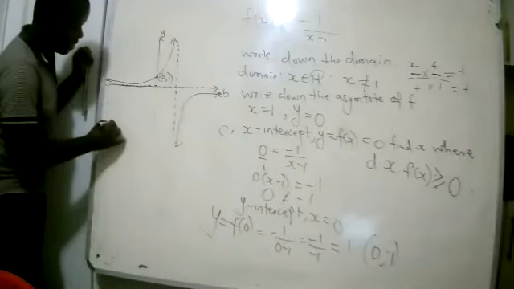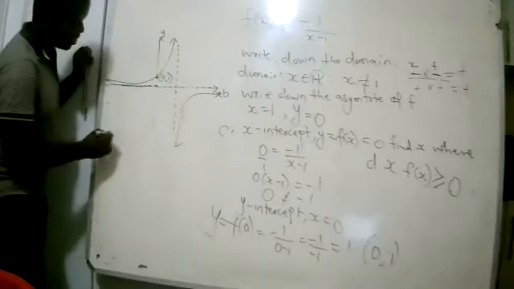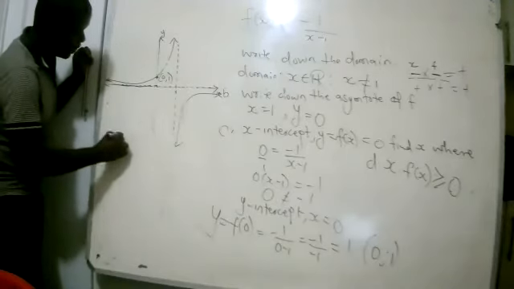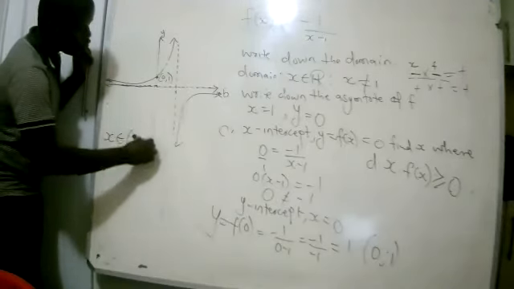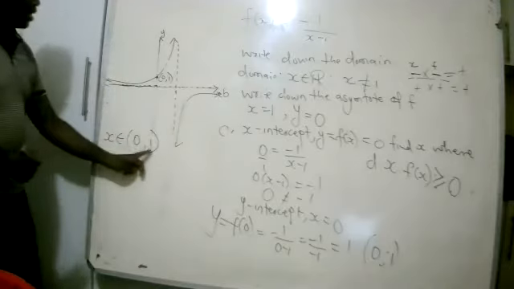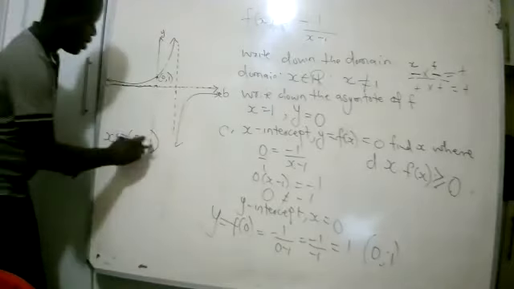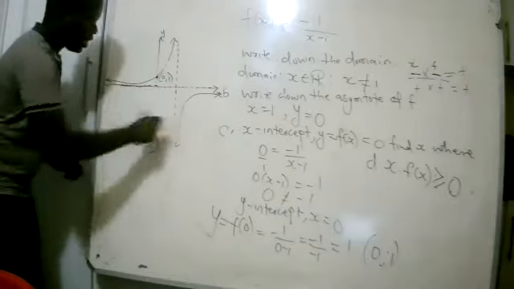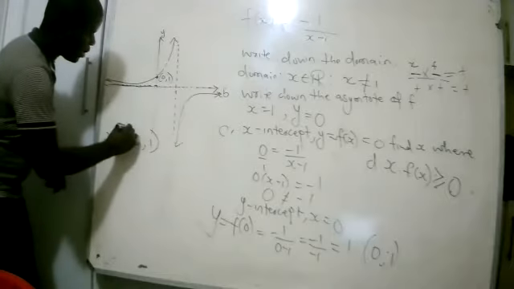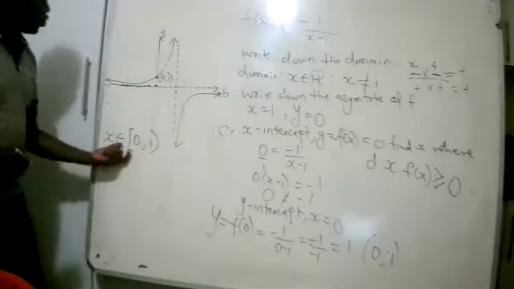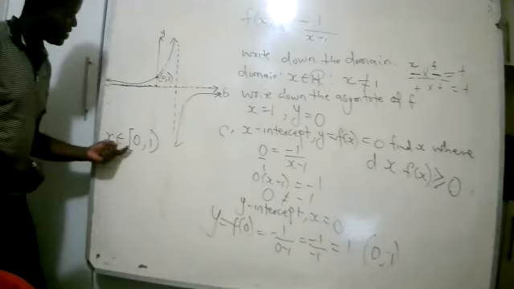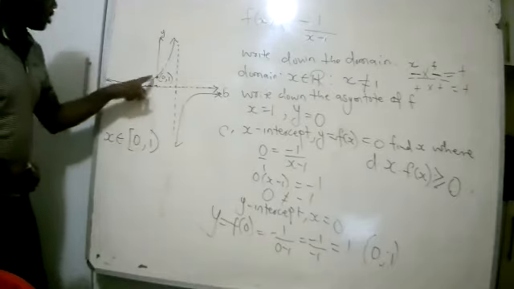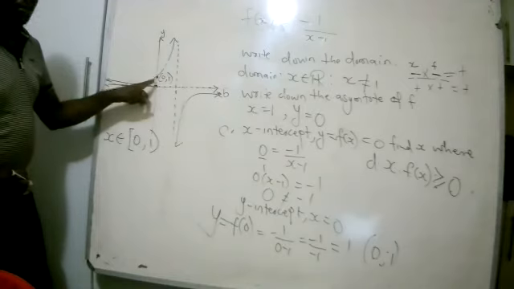So therefore you can write the answer for that question as x is an element of 0 to 1. And you use different brackets here. On the 1, you use the curly bracket, but on the 0, you use the square bracket. The square bracket indicates that the 0 is included in this region.